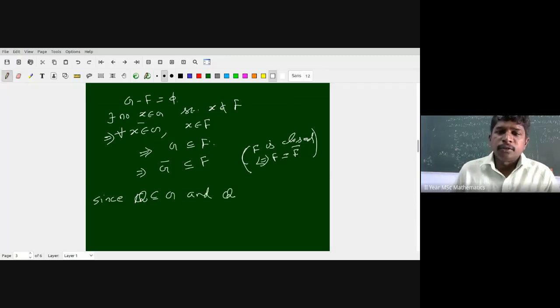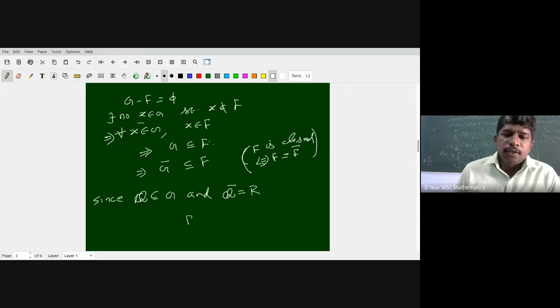Q bar is R. So from these three relations, we take F equal to R exactly.